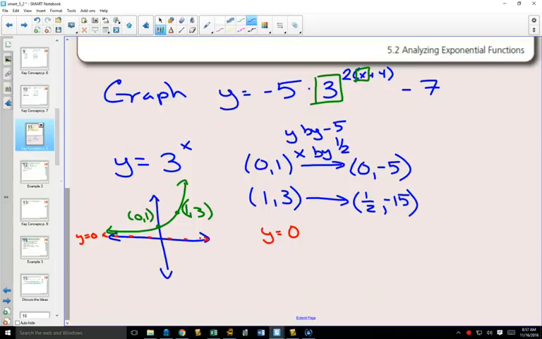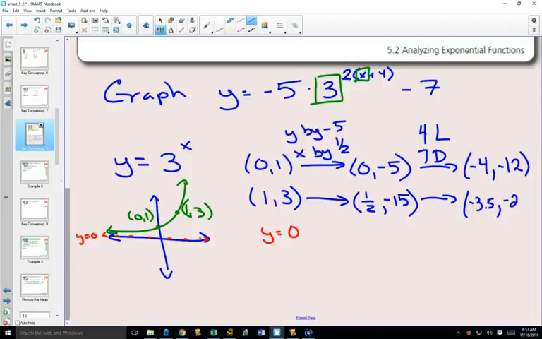And next, as we continue from left to right, we got the 4, so that's going to be 4 to the left and 7 down. Four to the left will take us to -4, 7 down to -12, -3.5, and -22. And now we're going to look at our asymptote.